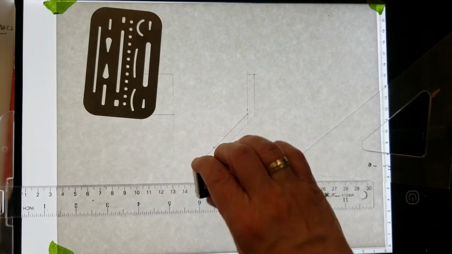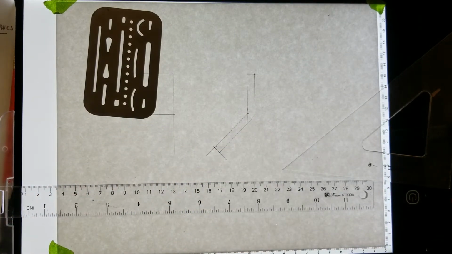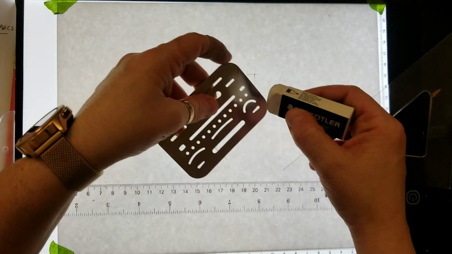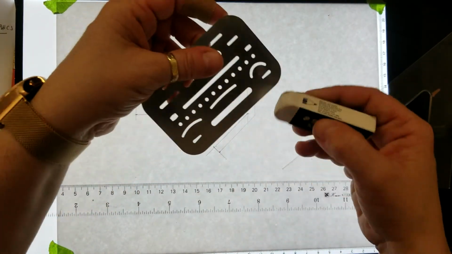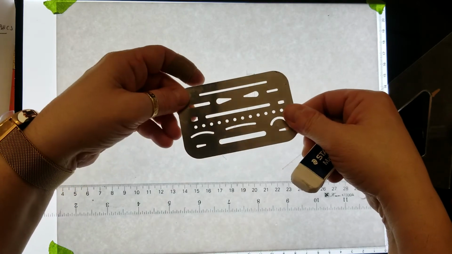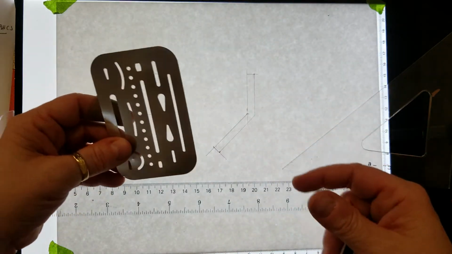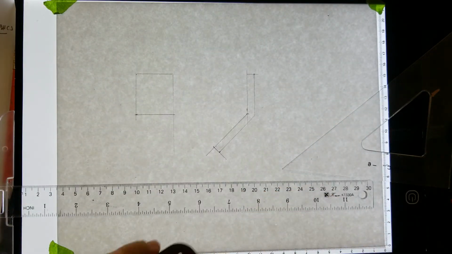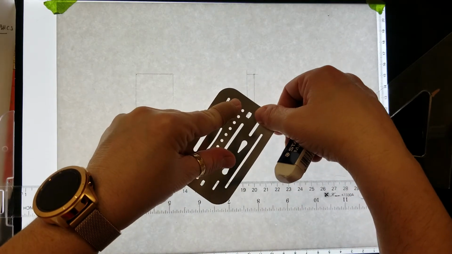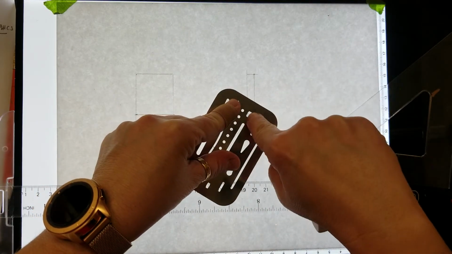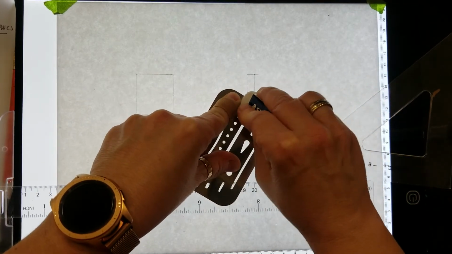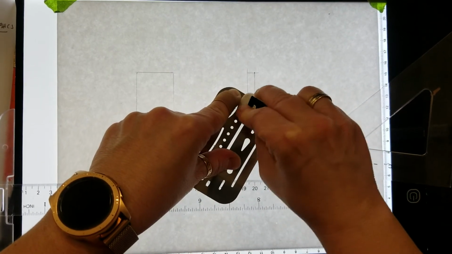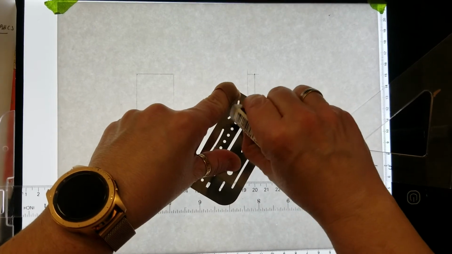Now notice this is inside of the view. It's inside, so I don't want to just rub over here because I'll erase all of this too. So what's beautiful about these eraser shields, now I feel like I'm selling an eraser shield, but I'm not, is you can actually take one of the holes in the eraser shield, like that, and basically just erase whatever's inside that hole.